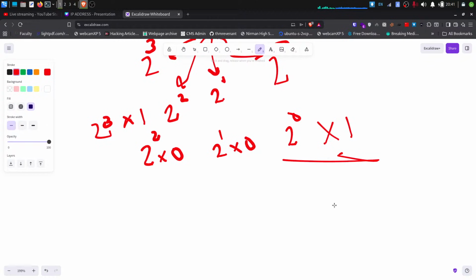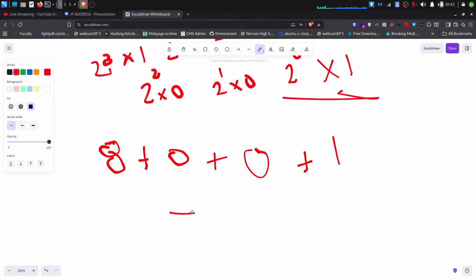It would be 1, right? 1. Okay. And 2 into 0 is 0. If anything is multiplied by 0, it's 0. And 2 to the power 3 is 8. Okay. Into 1. Now what we have to do is add these numbers and the final result is 9.